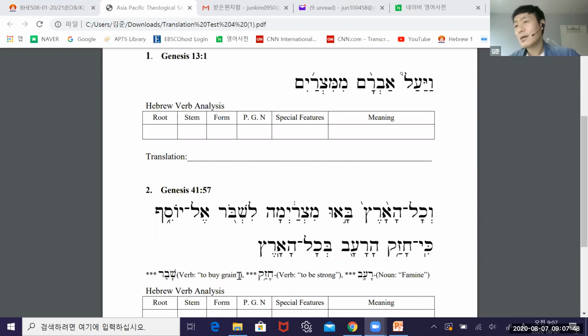Which means good start because you know already one Hebrew verb. So you have no possibility of missing it. And then another one is chazak, which is another verb. So this is really good news. So chazak means to be strong. And the third one is ra'av, which is a noun meaning famine.